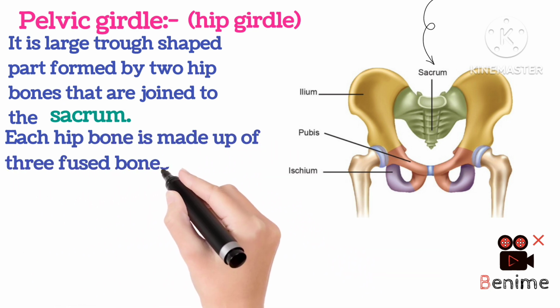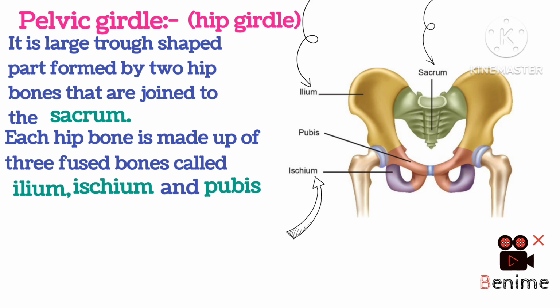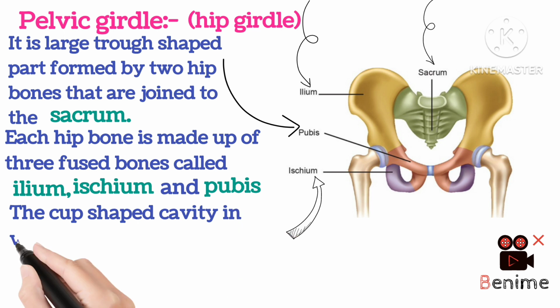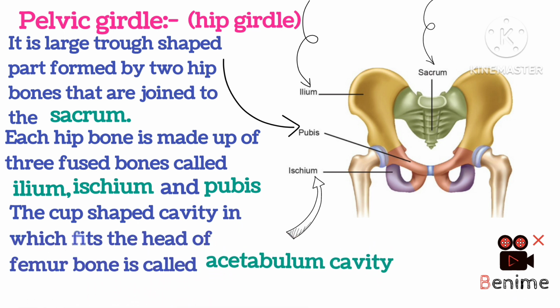Each hip bone is made up of 3 fused bones called ilium, ischium and pubis. The cup-shaped cavity in which the head of the femur bone fits is called acetabulum cavity.